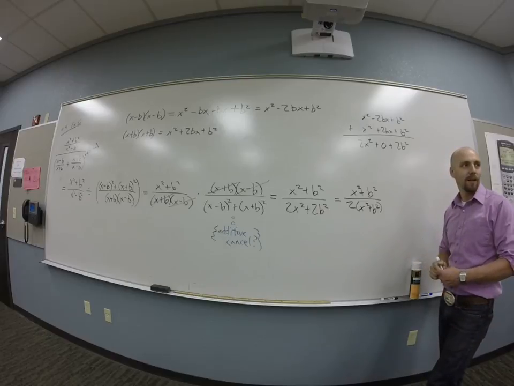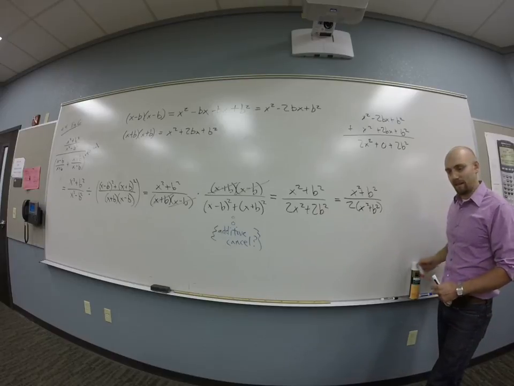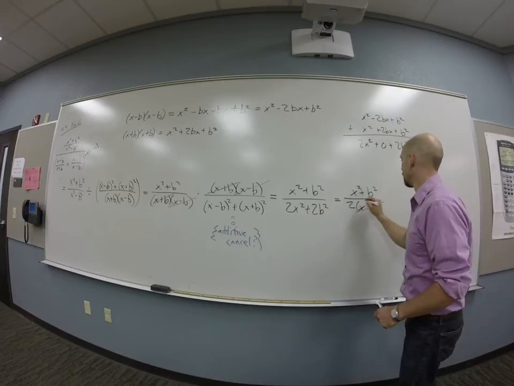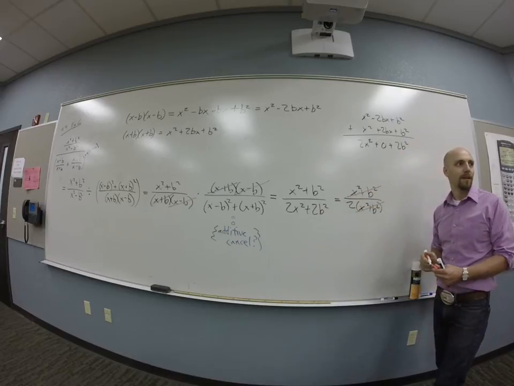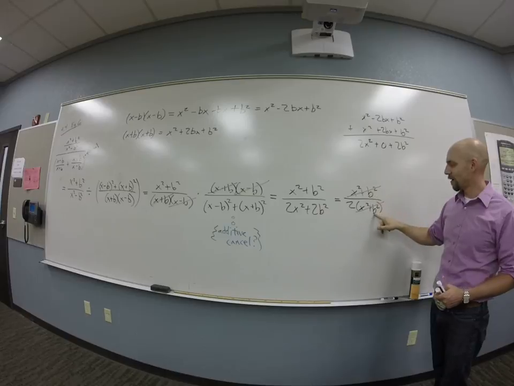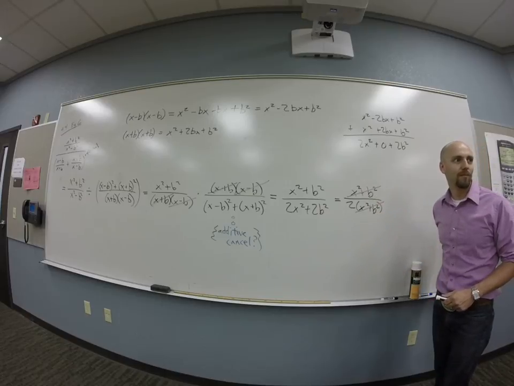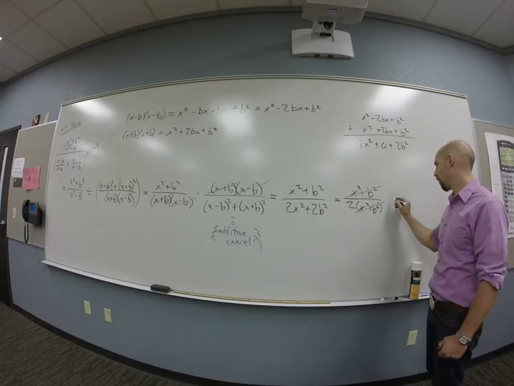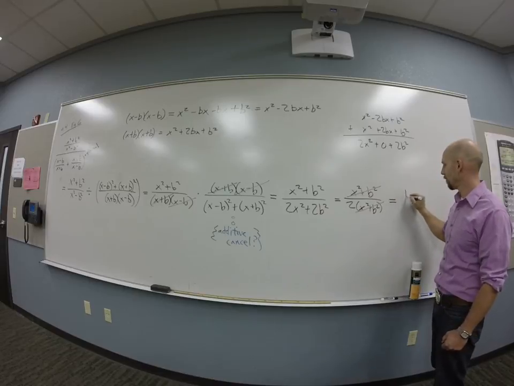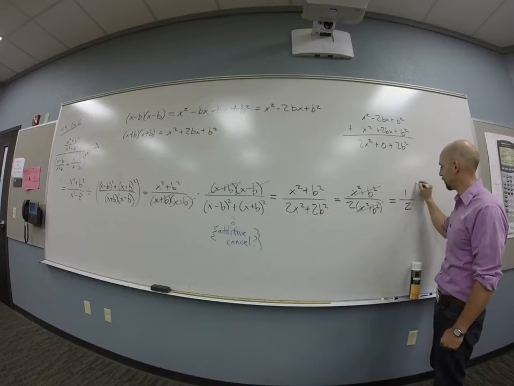And now what? Yeah, I can cancel this and this. Right, because that is the whole top and this is the bottom, so it's just multiplied. So what do I get? 1/2.